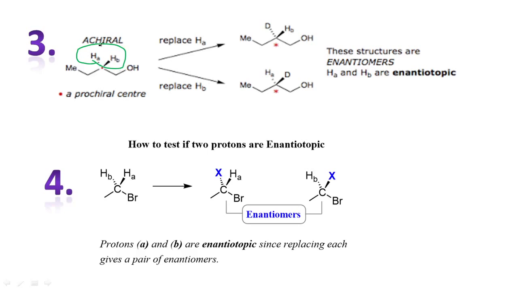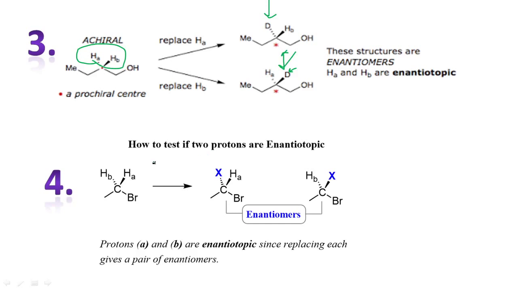So when you replace these hydrogens by something else, say D, when you replace HD, it goes out of the plane, on the back side. And when you substitute the other one by D, there's a different product. So these are enantiomers of each other, and the groups HA and HB are called enantiotopic.